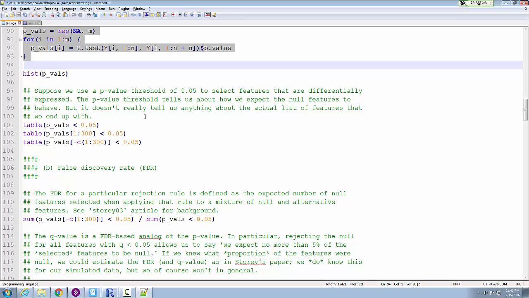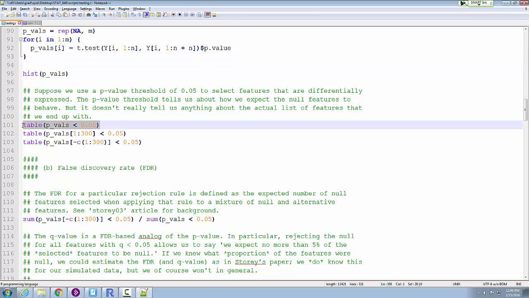If we select features based on having a p-value less than 0.05, then all we can say is that the probability that a null feature gets selected doing what we're doing is 0.05. So I expect no more than 5% of the null features to have been selected into this list right here.